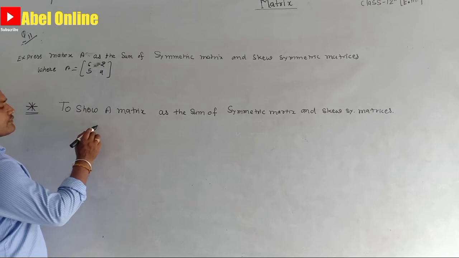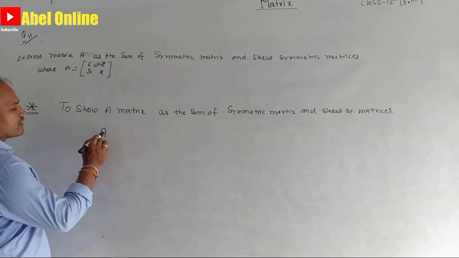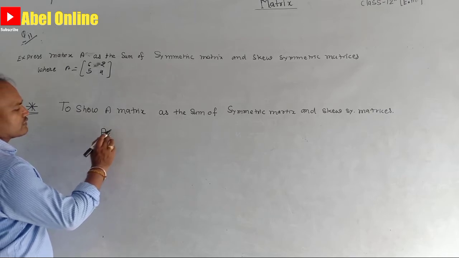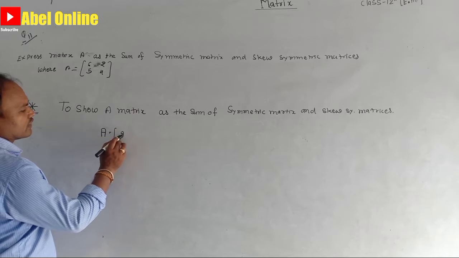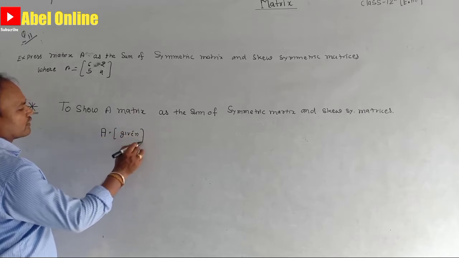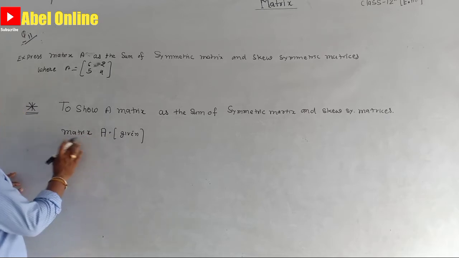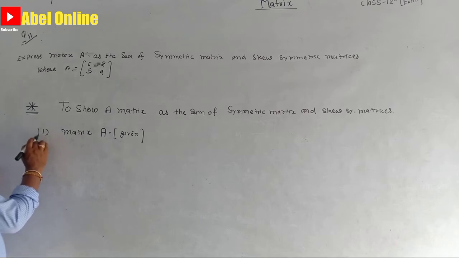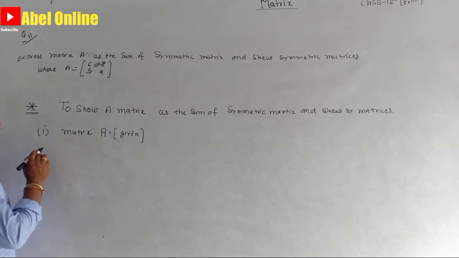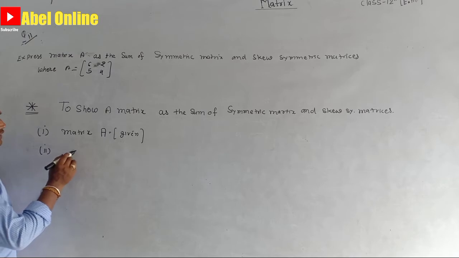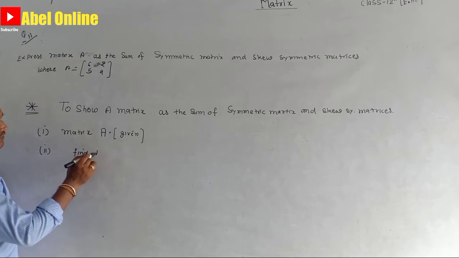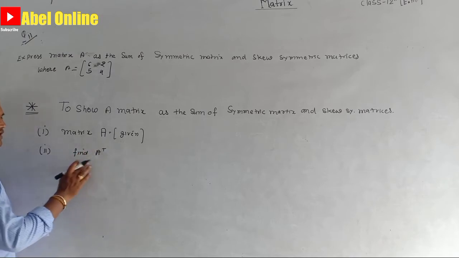So firstly, a question is given, that is matrix A is given already in the question. This is the first point. Now what about the second point? Second, find A transpose.